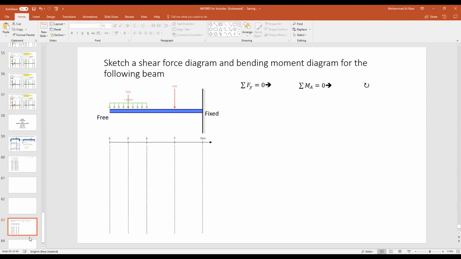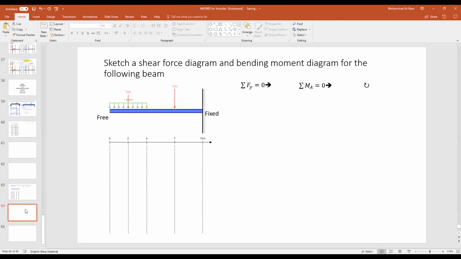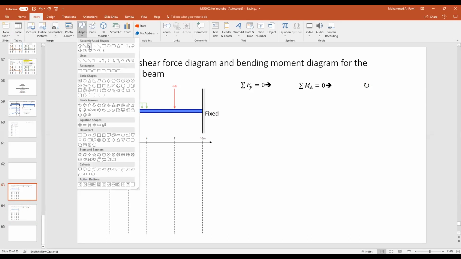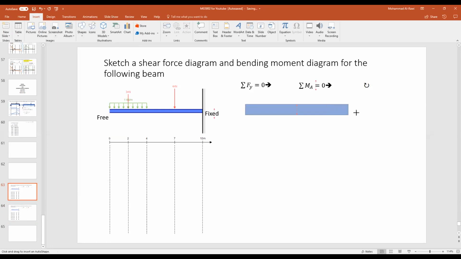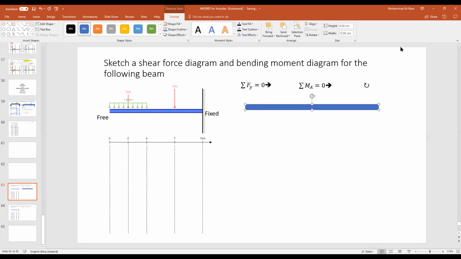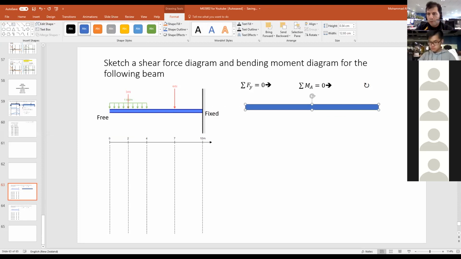All right, I will just copy this question again, so at least we can use this space for it. First of all, we need to sketch the free body diagram. I will give you maybe 1 minute, try to sketch a free body diagram, and then we compare together. If you have your camera on, I want you to show me your free body diagram.